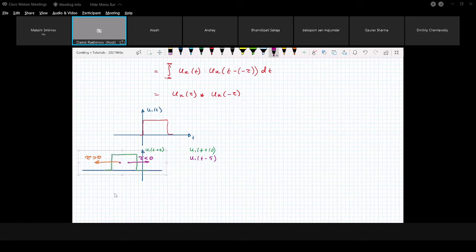And now we try to analyze more precisely, taking special points. Let me put it back. So this state, when they match each other, corresponds to the case tau equals 0.